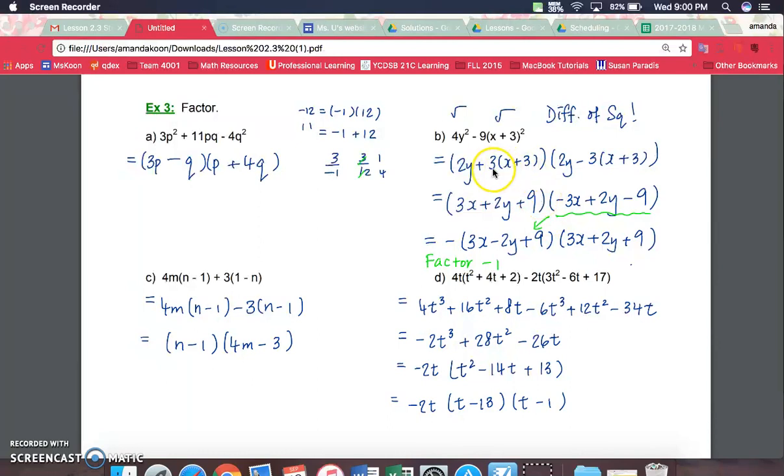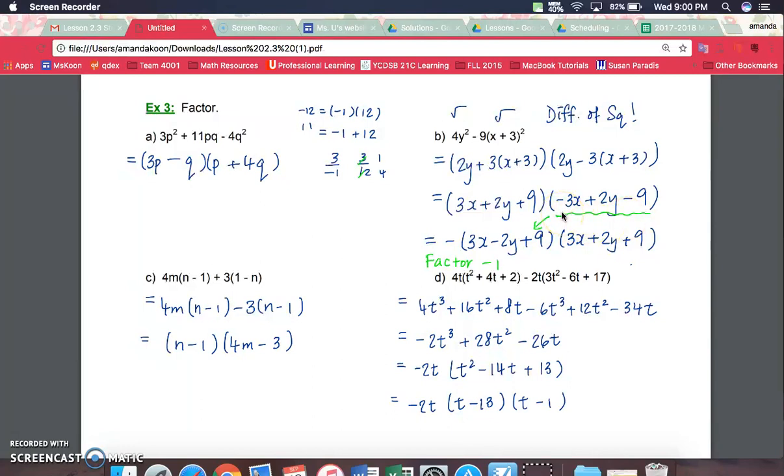So I can expand 3 into the x plus 3, so it becomes 3x plus 9 plus 2y, and in alphabetical order, it looks like this. Second brackets, I have negative 3 times x, negative 3x, plus 2y, negative 3 times positive 3, negative 9.